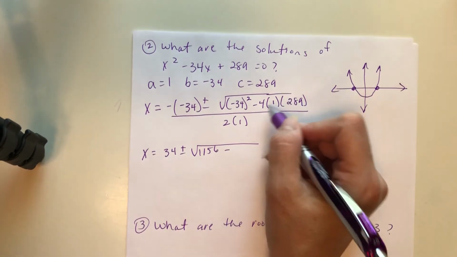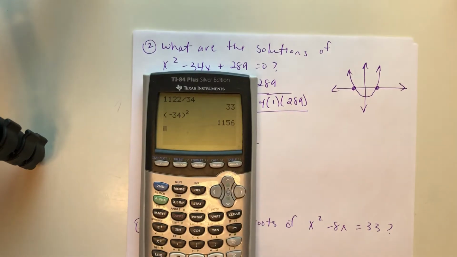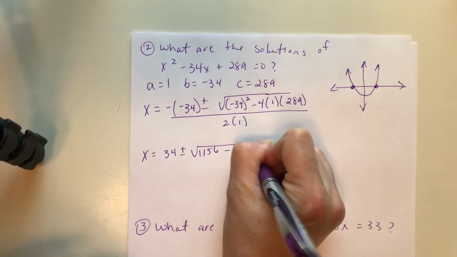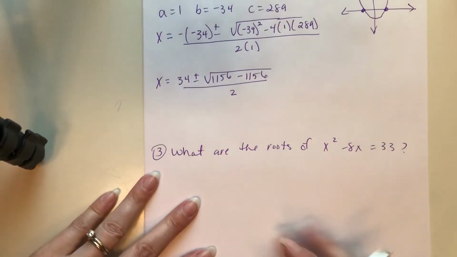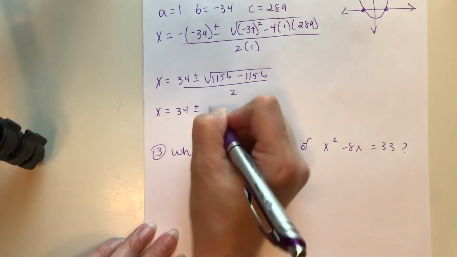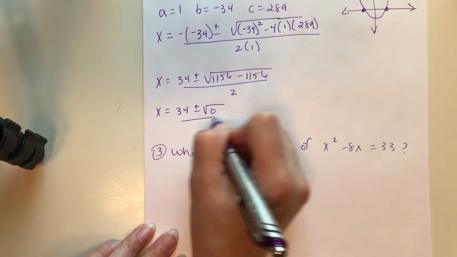Then I've got 4 times 1 is 4. 4 times 289 gives me 1156. All over 2. Alright, so inside, 1156 minus 1156 is 0.